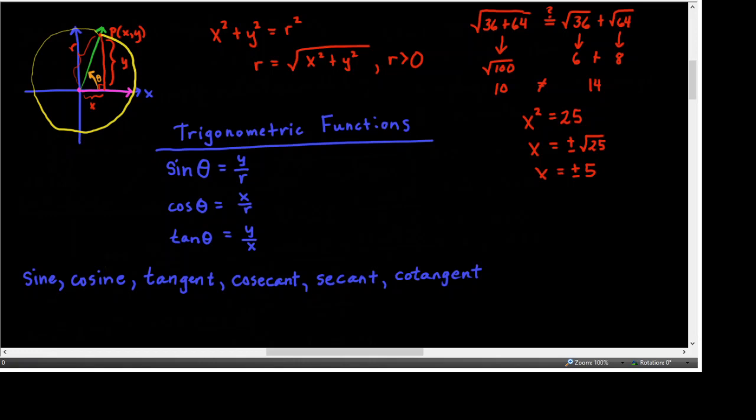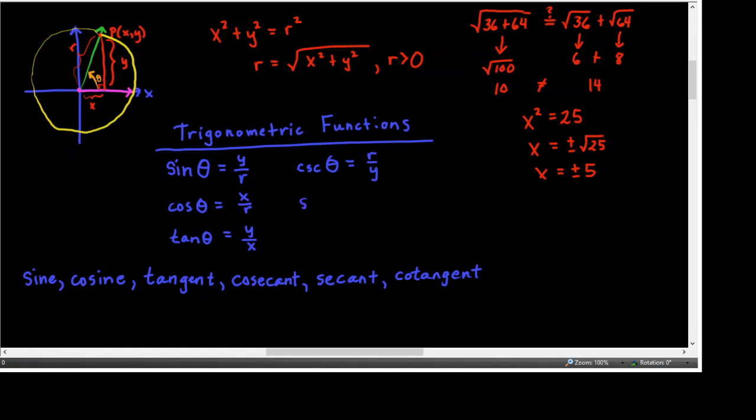And those are the three that you may have seen before. In fact, you've probably seen those three abbreviations on a calculator before. The other three are not buttons on a calculator, so that's probably why you haven't seen them as much, because we just avoid them if we can. But anyway, the cosecant of theta, and cosecant is abbreviated CSC, the cosecant of theta is r over y.